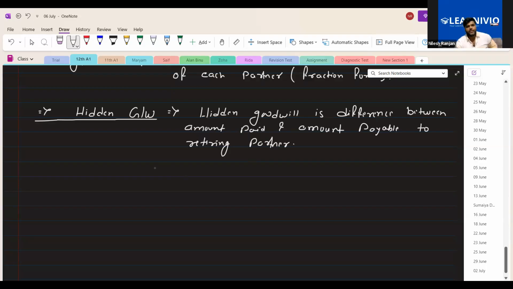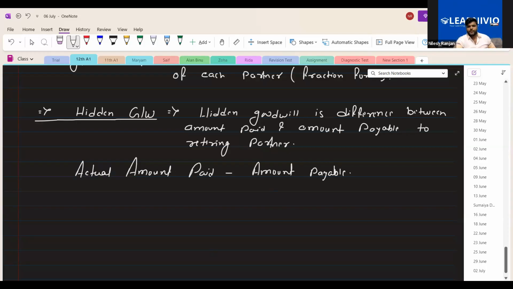The formula for hidden goodwill will be: actual amount paid minus amount payable, or that should be paid.